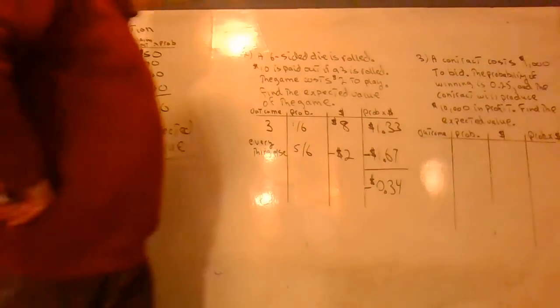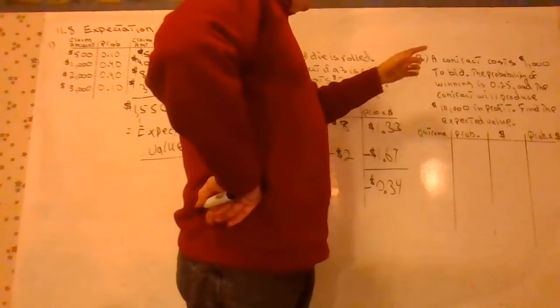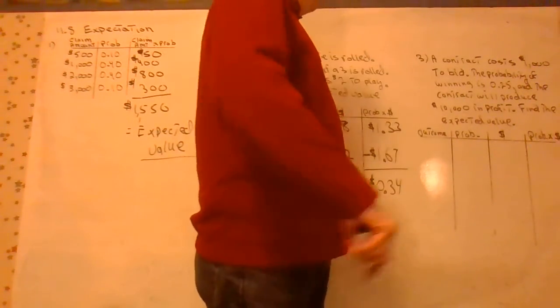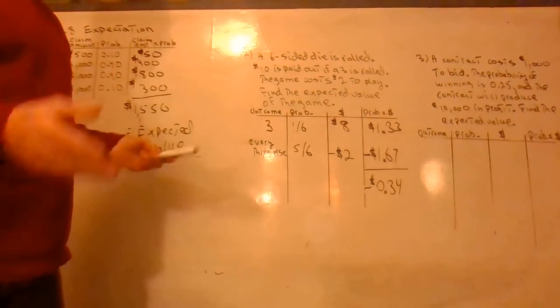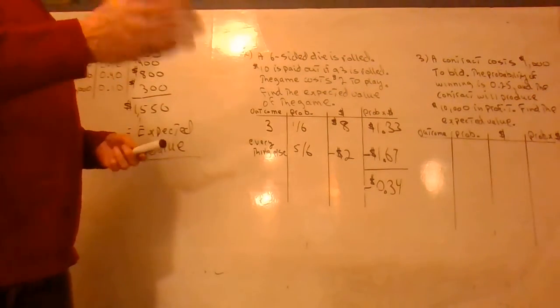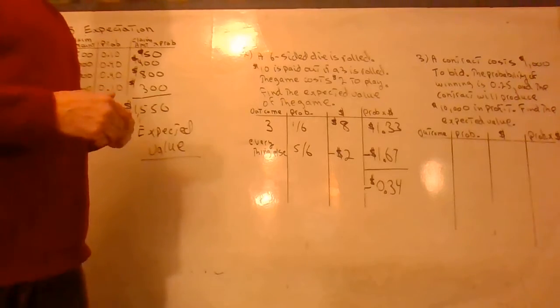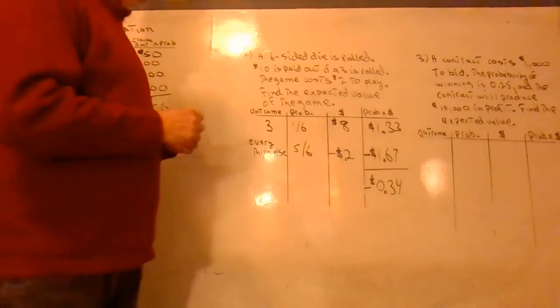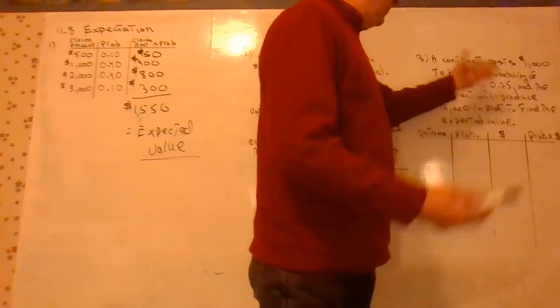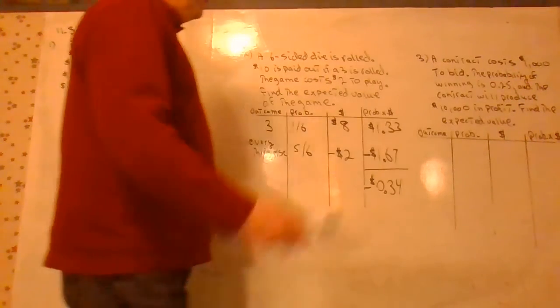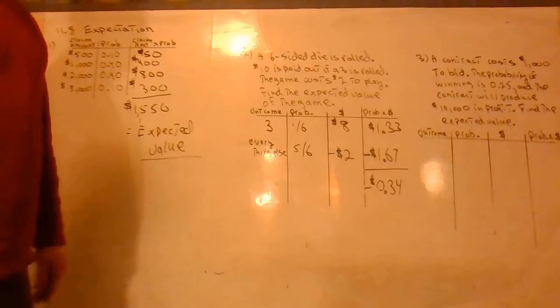Here's a third example. A contract costs $1,000 to bid. Maybe we pay office personnel to write up the proposal, make all the copies, put in an envelope, seal it. There may even be an application fee for whatever this contract is. And the probability of winning the bid is 0.25. That can be based on experience. 25% of the time we win these contracts.